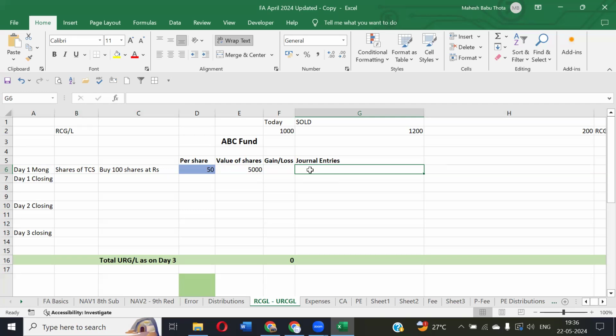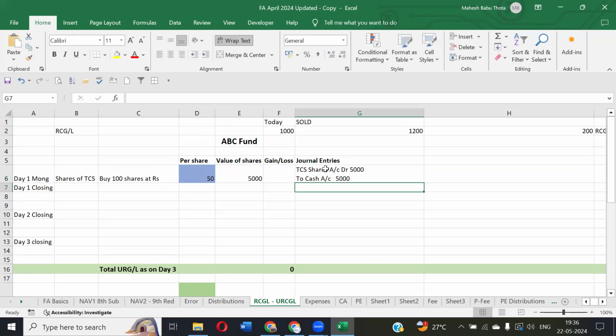TCS shares account debit to cash account, how much? 5,000 rupees, right? This is the general entry for purchasing of shares.